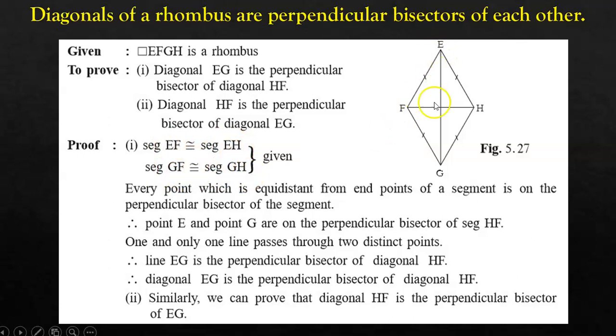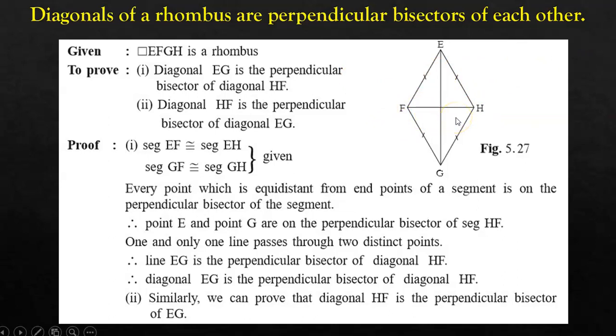So point E and point G are equidistant from the end points of HF, and we know that when they are equidistant, they lie on the perpendicular bisector. So point E and point G are on perpendicular bisector of HF.